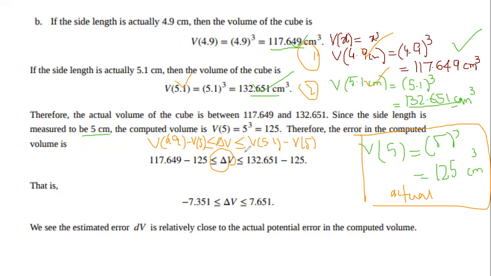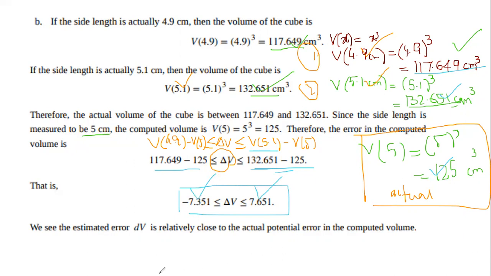So it will be 132.65 minus 125, and then 117.649 minus 125. So this is why delta V has positive and negative limits, with upper and lower limits.